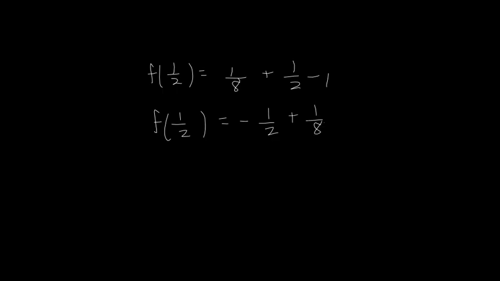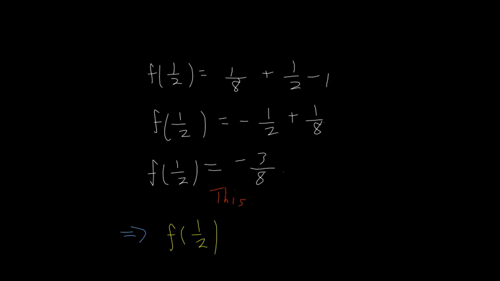Get a common denominator. f of 1/2 is equal to -3/8. So at x equals 1/2, the function is going to be negative, right? So this implies that f of 1/2 is strictly less than 0.